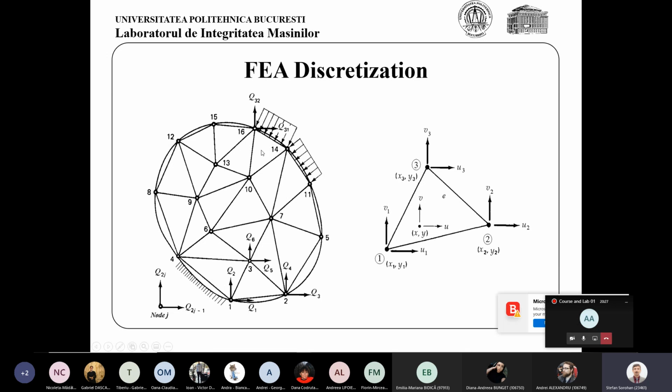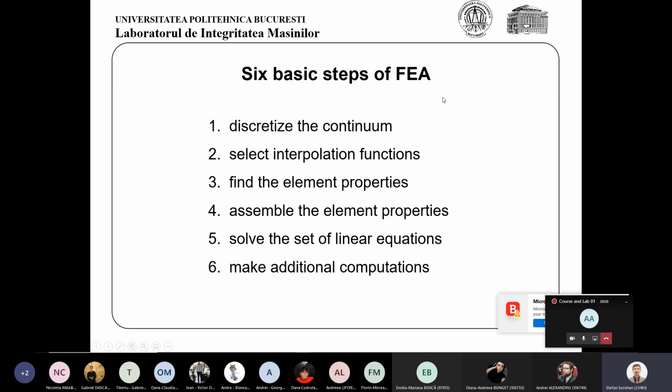And this kind of splitting the initial field into smaller elements is called discretization. Sometimes we call this operation mesh in finite element codes. Instead of discretization, we will use mesh.